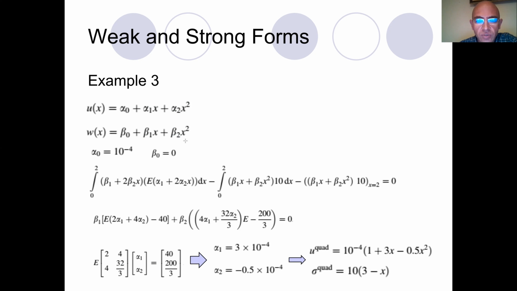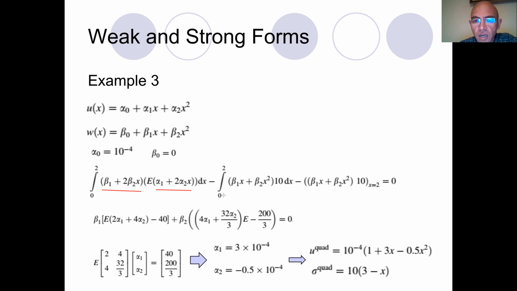So these are the derivatives. So beta 1 plus 2 beta 2x is the derivative of w, and this is the derivative of u with respect to x, and then I multiply it with e, and then I will integrate it.